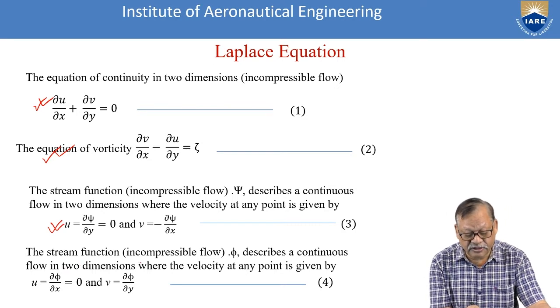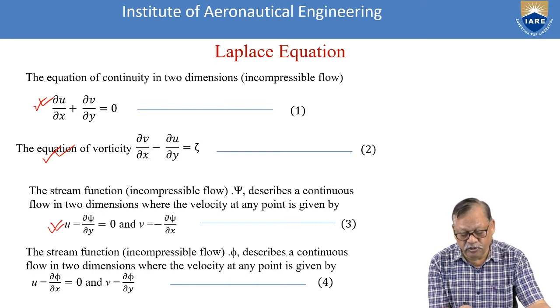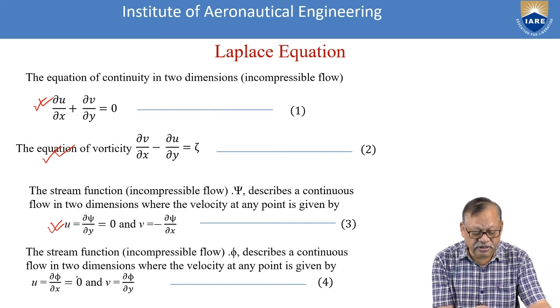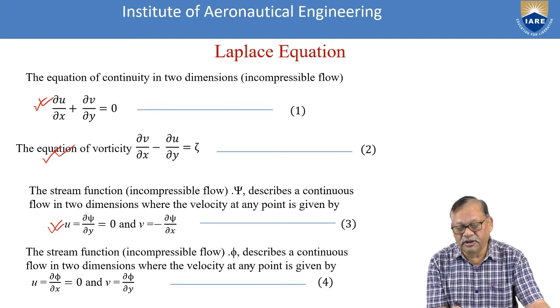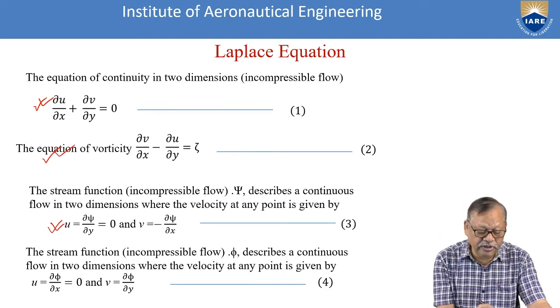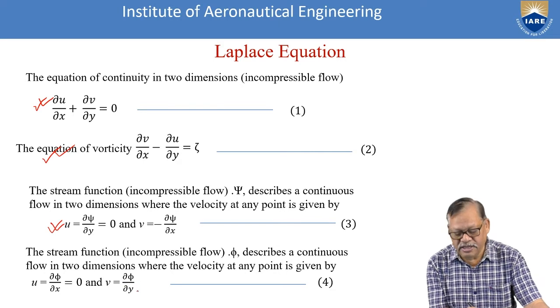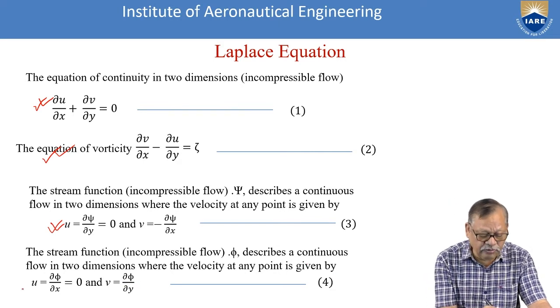The velocity potential, again for incompressible flow only, phi, is continuous in 2 dimensions where the velocity at any given point will be u equal to dou phi by dou x and v equal to dou phi by dou y. Let it be my equation number 4.